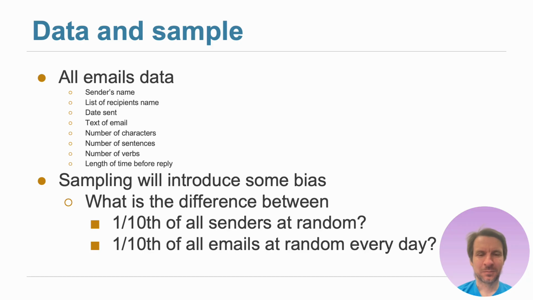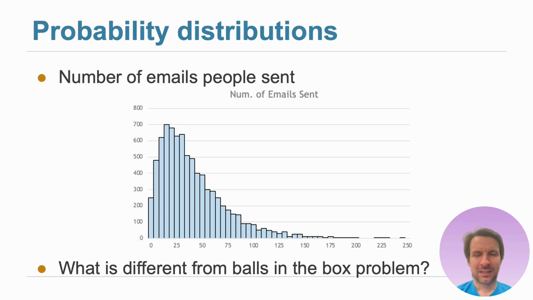And the trouble is the number of emails people send. Sometimes there are people that send very few emails, so if you select those people, you will get no emails at all. And sometimes there are people that send lots and lots of emails, and if you select them, then you get way more emails.